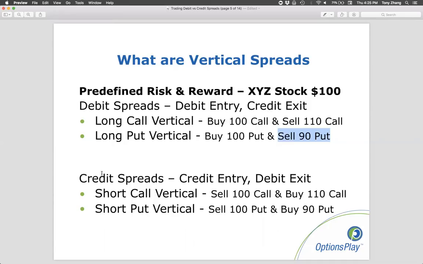Credit spreads are similar to this, but the exact opposite. If you're bullish on a stock, we're going to talk about the short put vertical first. Let's say we're talking about stock XYZ, trading at $100. If we're bullish on the stock, we think it's going to go higher, what we can do is sell the $100 put first.